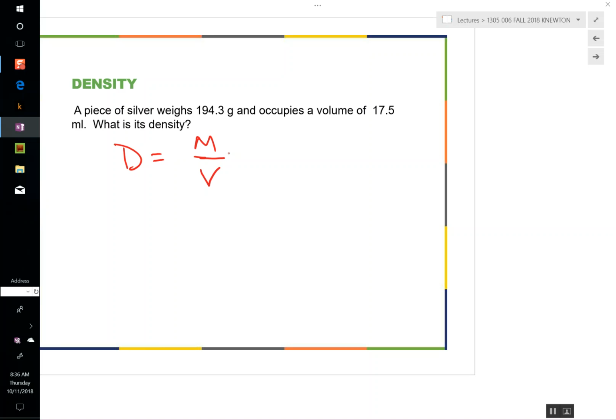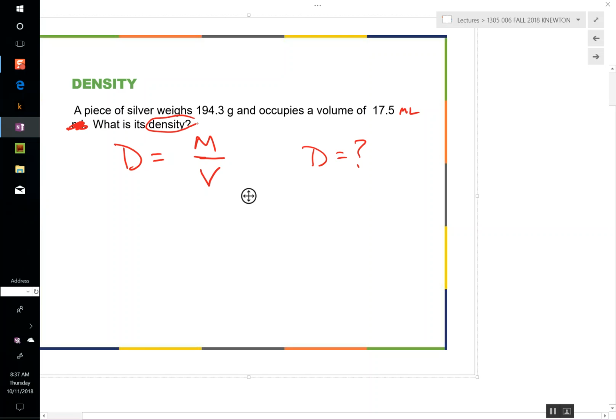Don't rush through these things. Read the problem. A piece of silver weighs 194.3 grams and occupies a volume of 17.5 milliliters. Let's put the milliliters over here. What is the density of this silver? Okay, so read the problem. Now, analyze the problem. What does it want me to do? It wants me to calculate density.